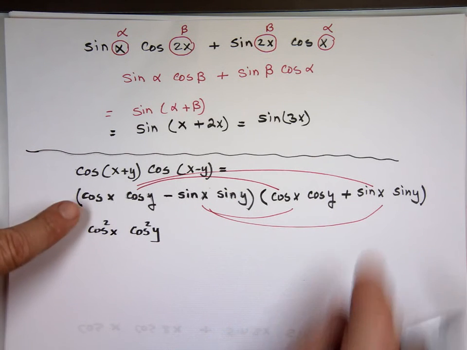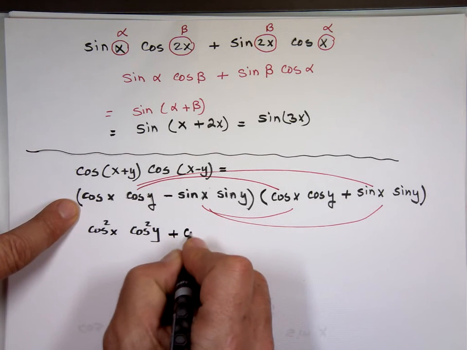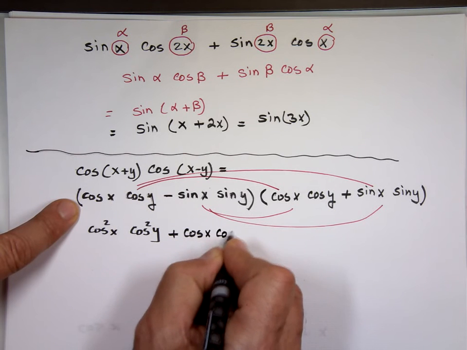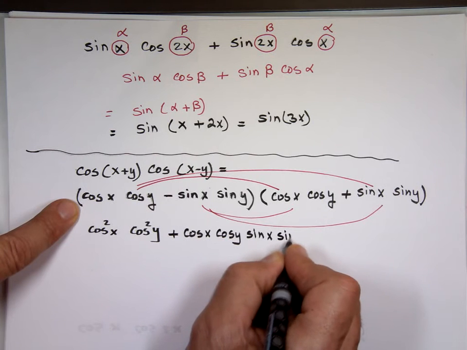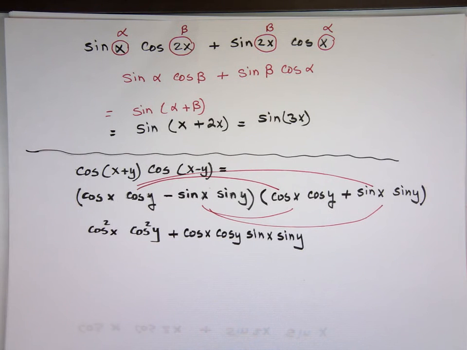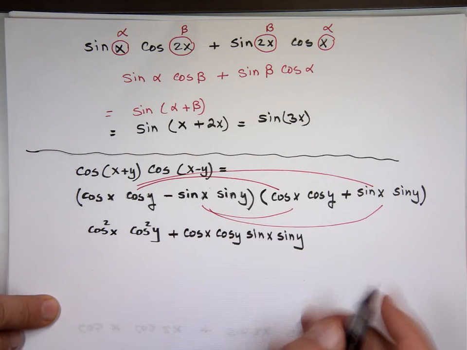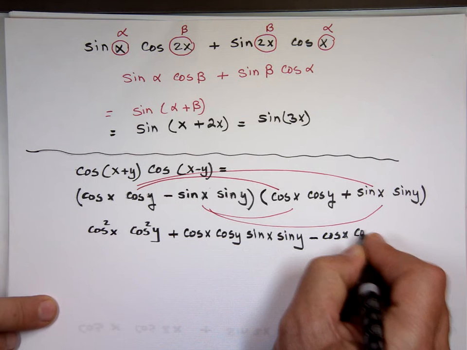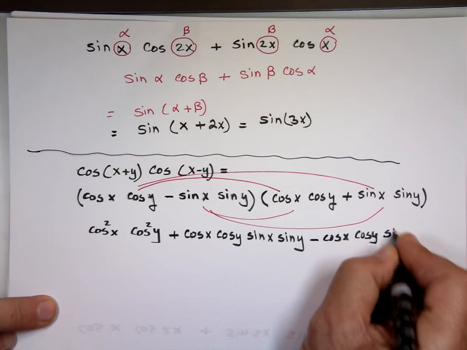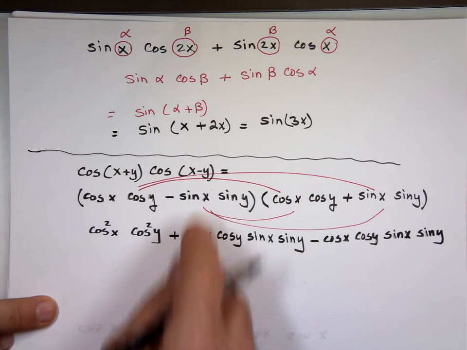Let's multiply this times that. That's a positive, right? Cosine x, cosine y, sine x, sine y. What about this one? That's a negative. Cosine x, cosine y, sine x, sine y. And what's the last one?